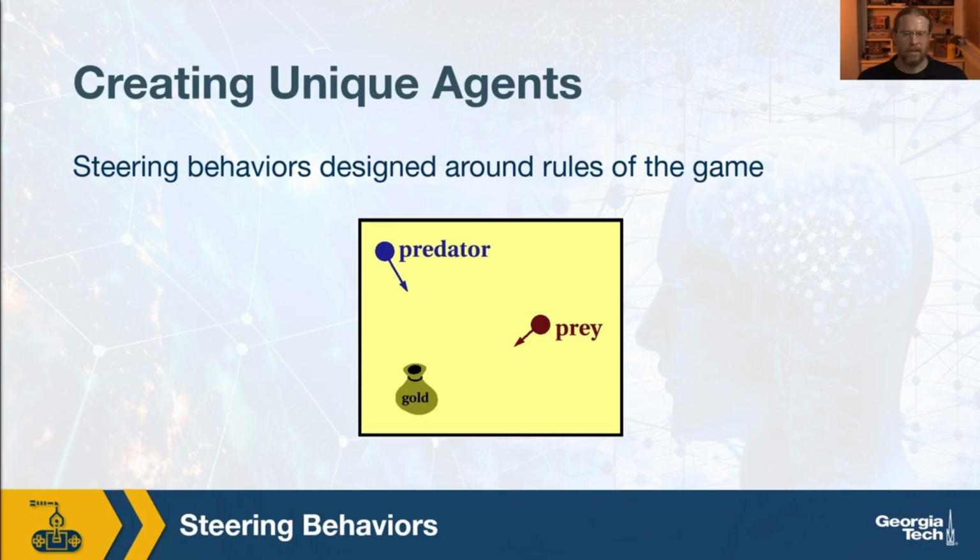So in this case, the steering behavior would be maybe we try to determine a midpoint between the prey and the gold. And so that is a very simple exercise. We know how to define relative position vectors, and we could just find a point halfway along the relative position between the prey and the gold. And then we could have the agent always trying to move to that midpoint so that basically the predator would be guarding the gold, making it more difficult for the player to achieve that goal.